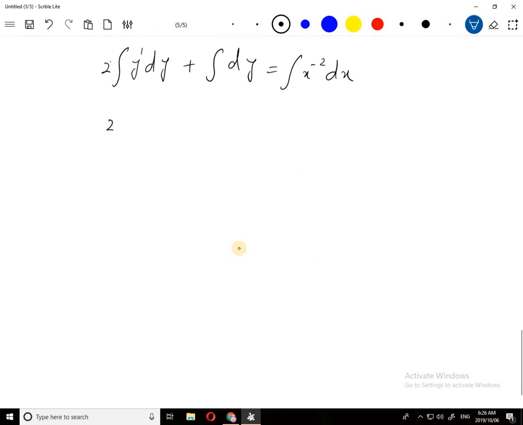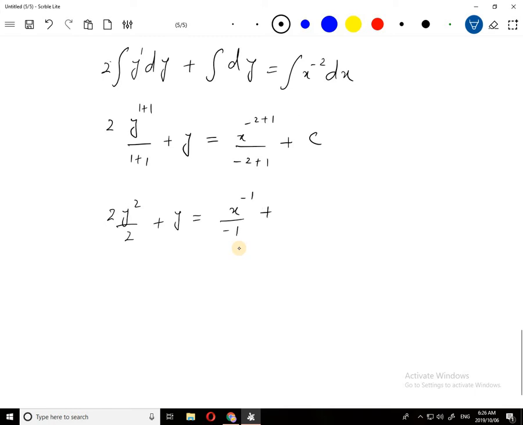So here I can apply the power rule for integration. So it becomes 2y square over 2 plus y equals x raised to power minus 1 over minus 1 plus c.